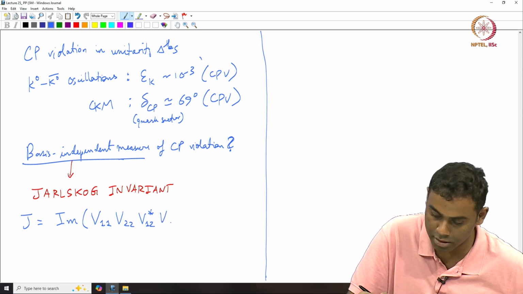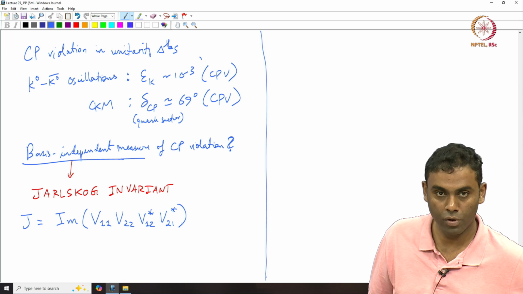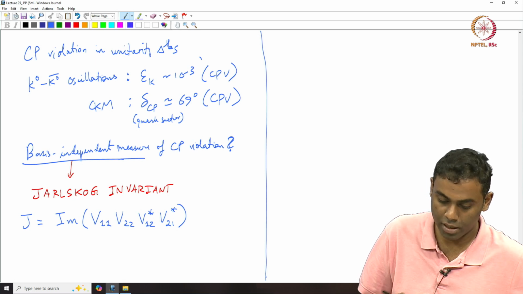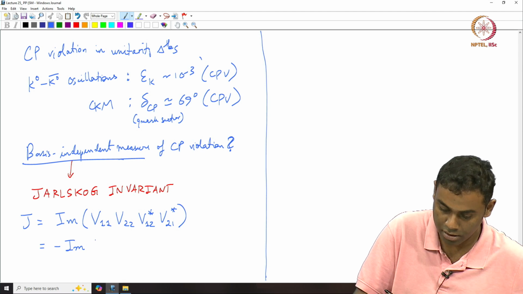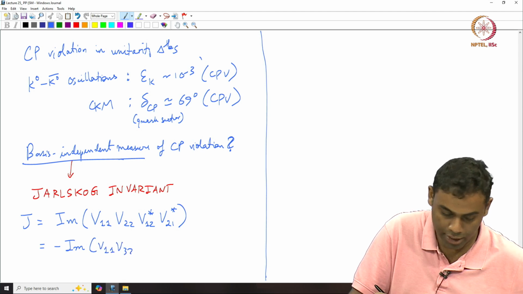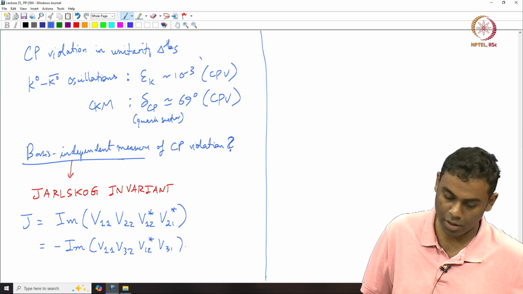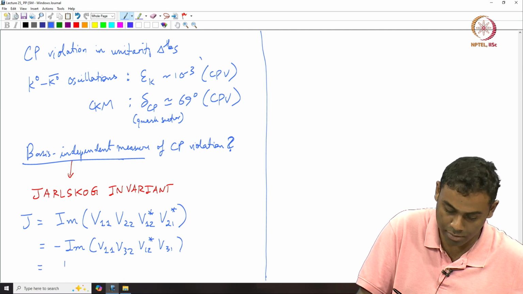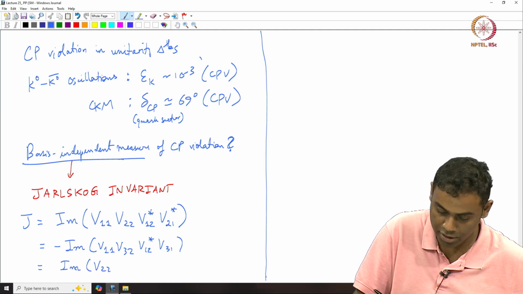Every time I write a V, it is still a CKM element. But it is not just this, it is also the minus of the imaginary part of V11 V32 V12 star V31, but it is not just that also, it is also the imaginary part of, you see what I am doing here, can you see a pattern here?